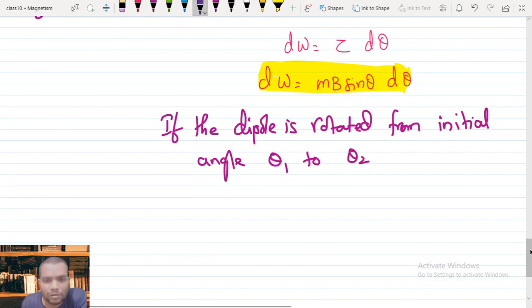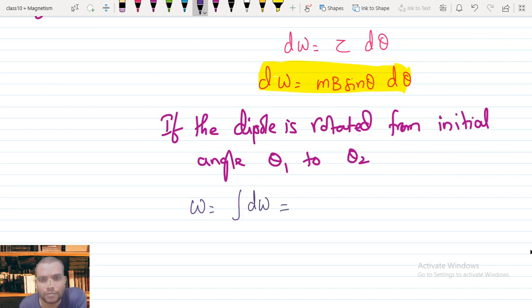To calculate the total work, total work W equal to integral dW. I need to do the integration to get the total. The integral of mB sin theta times d theta, with limits from the initial theta 1 to the final theta 2.